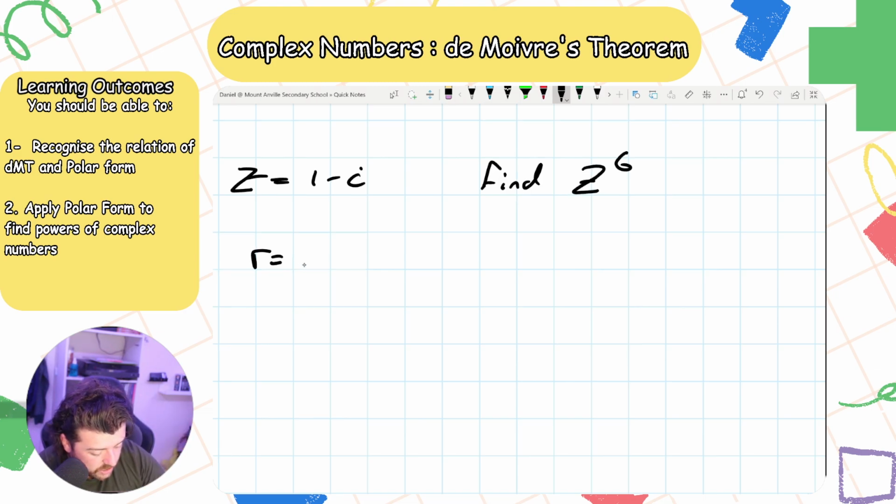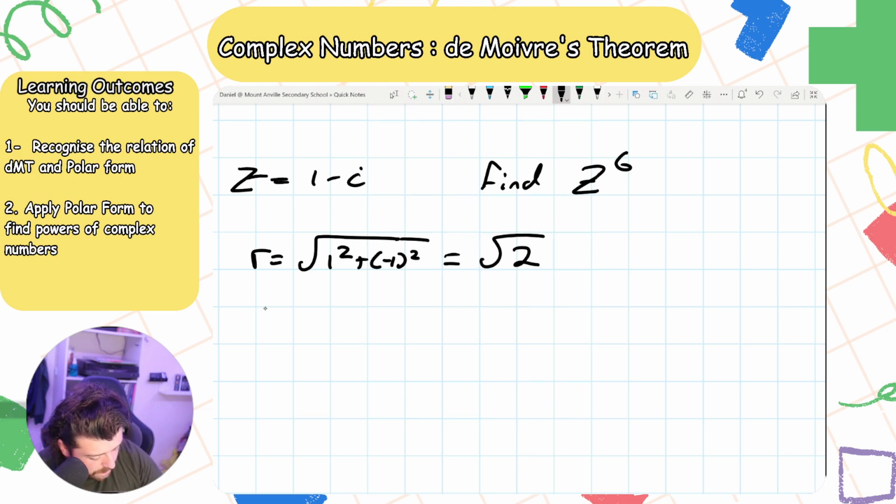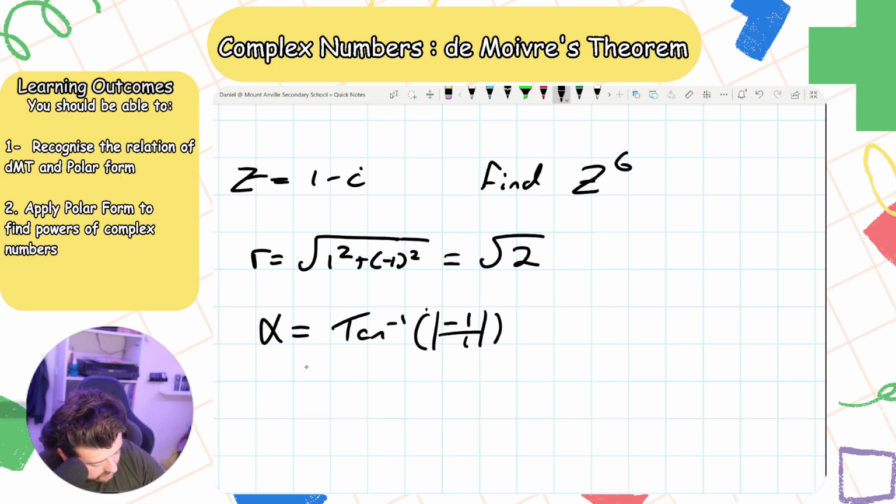So my modulus is equal to root of 1 squared plus minus 1 squared, which is equal to root 2. And then my argument is equal to tan inverse of minus 1 over 1. Remember, we have the positive sense of this, so it's going to be tan inverse of positive 1, which is just a quarter pi.